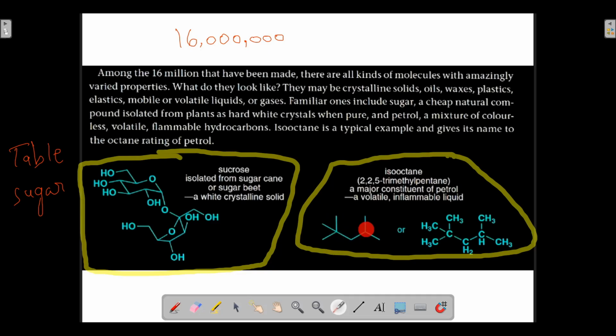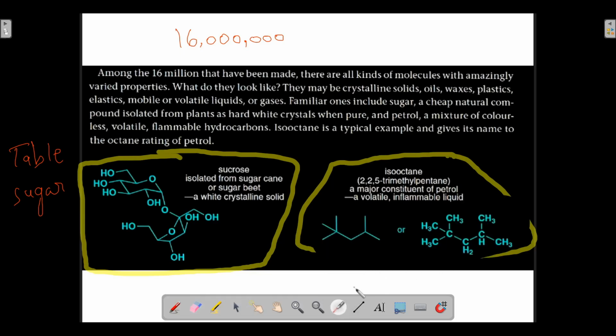This is the structure drawn by advanced aspirants, and this is the preliminary structure, drawn by students at lower classes. So this is the difference.